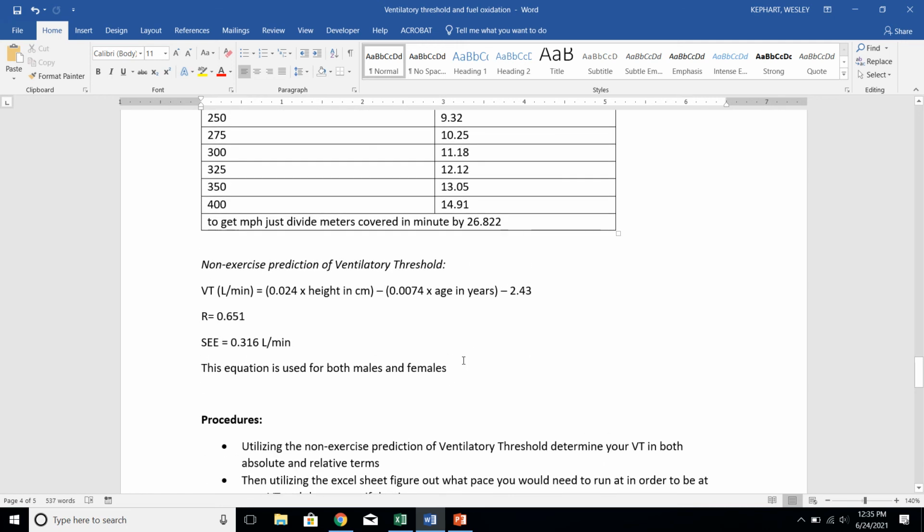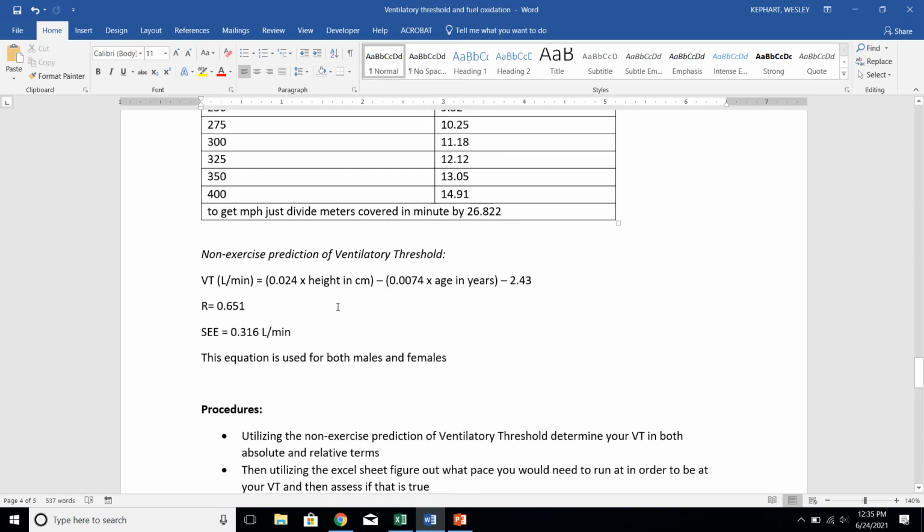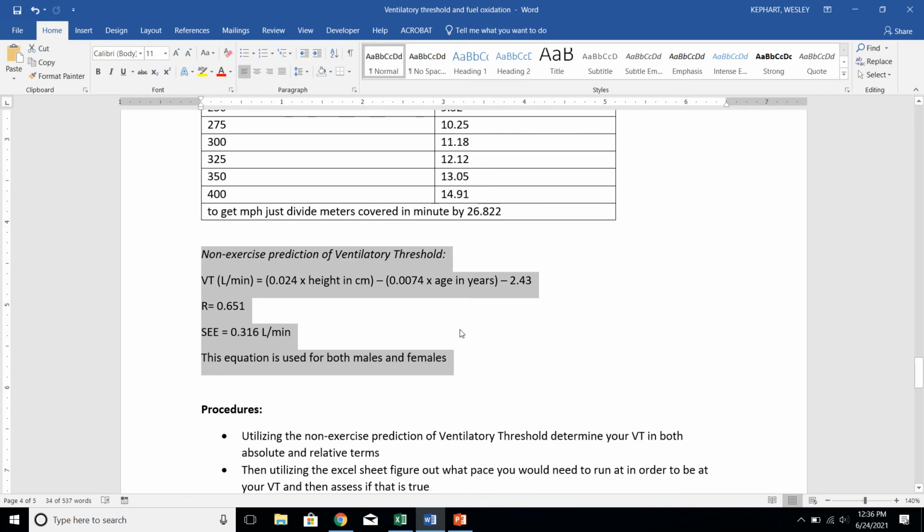But here, the main things that you're going to be doing, you need to determine your ventilatory threshold, and we can do this just from this equation. So VT, this is liters per minute, and that's going to be an oxygen, right?